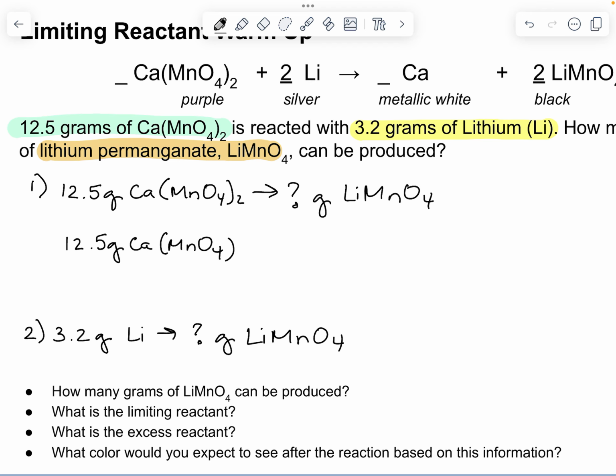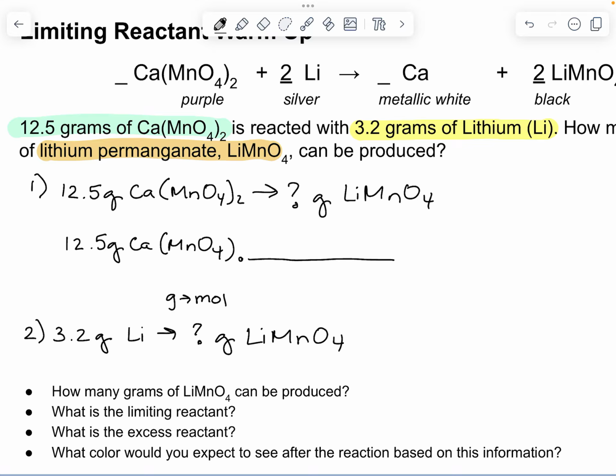I need to go from grams of calcium permanganate to moles of calcium permanganate, because once I'm at moles, then I can switch my substance.